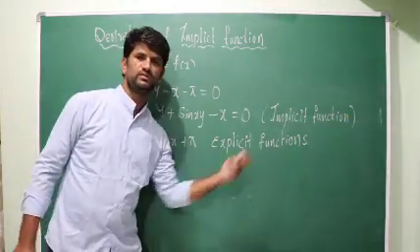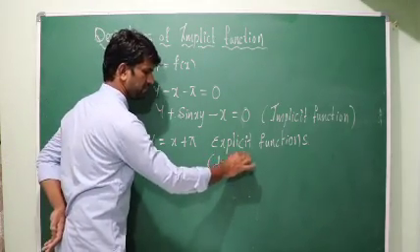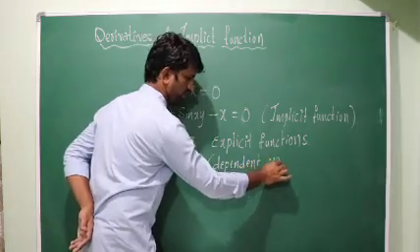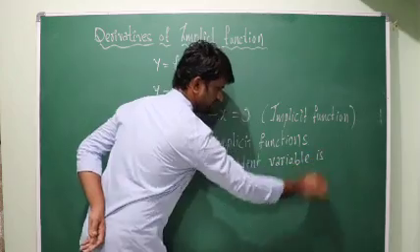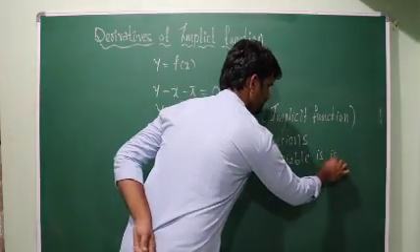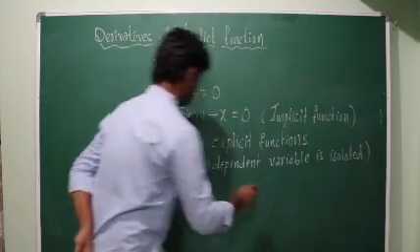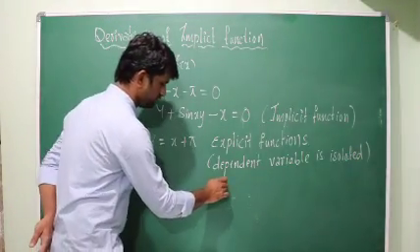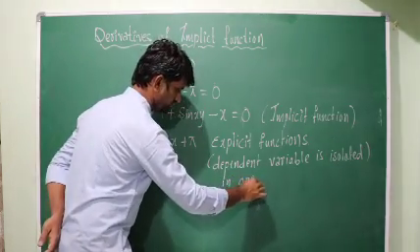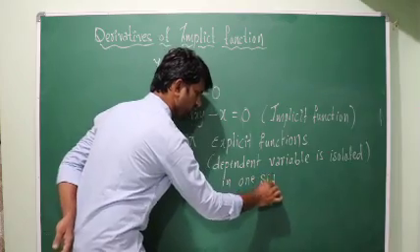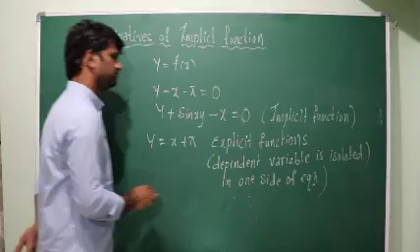In the explicit function, the dependent variable is isolated on one side of the equation.